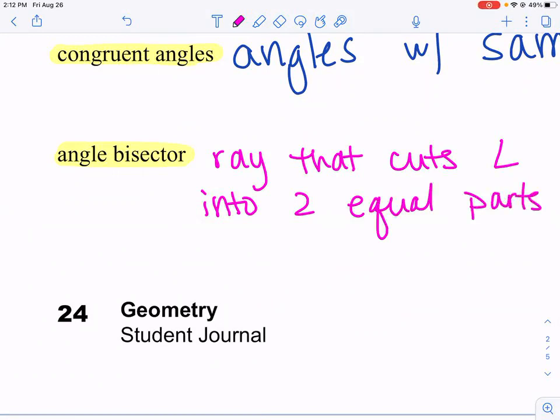Now for a segment, a point could bisect it. That is not the case for an angle. A ray bisects it. A line could bisect it also because a ray is part of a line, but a point cannot bisect an angle, only a ray or line.